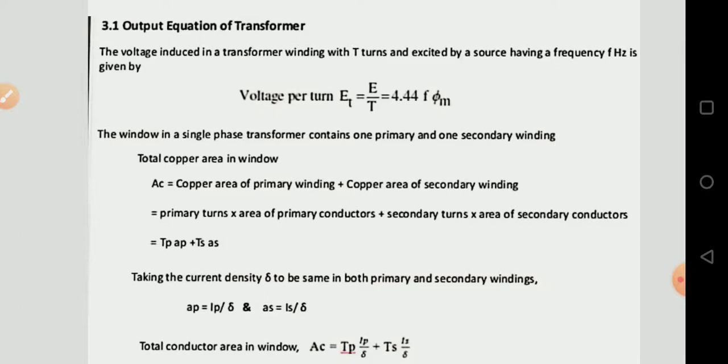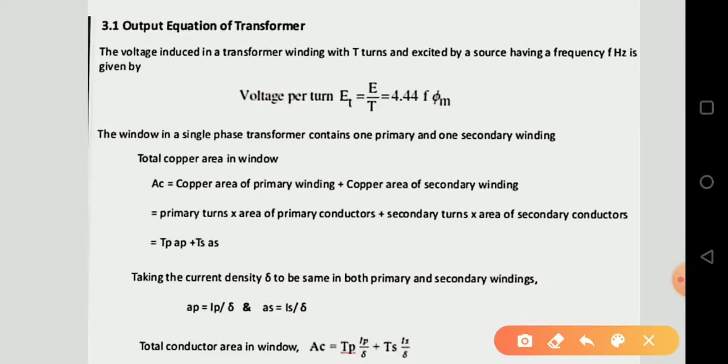So here the area is the number of primary turns into the area of the primary conductor. This gives us the copper area in the primary winding. Same as the number of turns in the secondary into the area of the secondary conductor gives the copper area of the secondary winding.